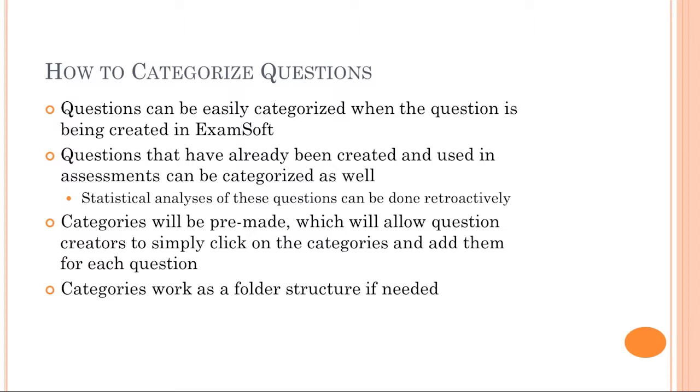Again, you can do this with questions that have already been created as well, and go through your old question folders and categorize those. Categories must be pre-made, so you'll make the categories ahead of time and then go into the questions and put them into the categories. And again, whether it's a new question or a previously used question, it's just a few clicks, and you have your information categorized.